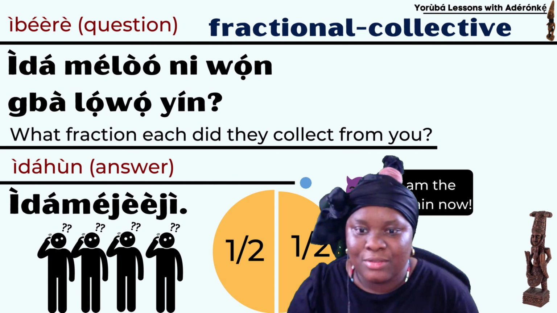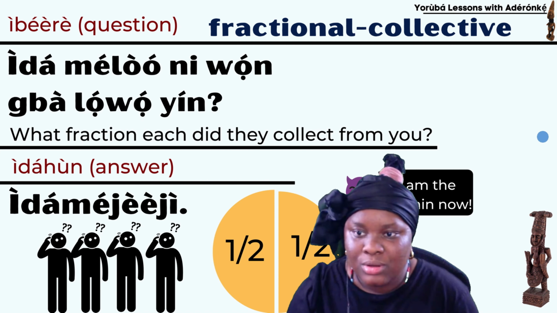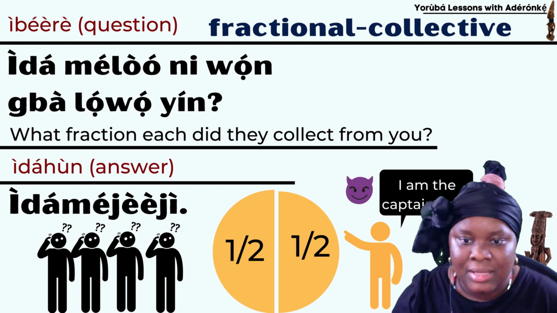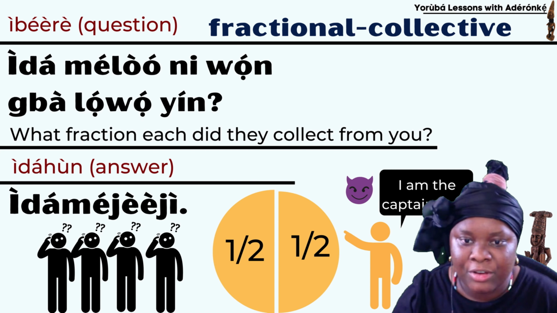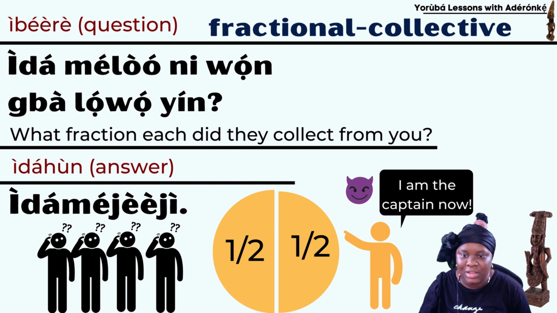So let's say somebody asks the question, ìdá mélòó ni wọ́n gbà lọ́wọ́ yín? What fraction did they collect from you? What fraction of the land did the colonizers collect from you?